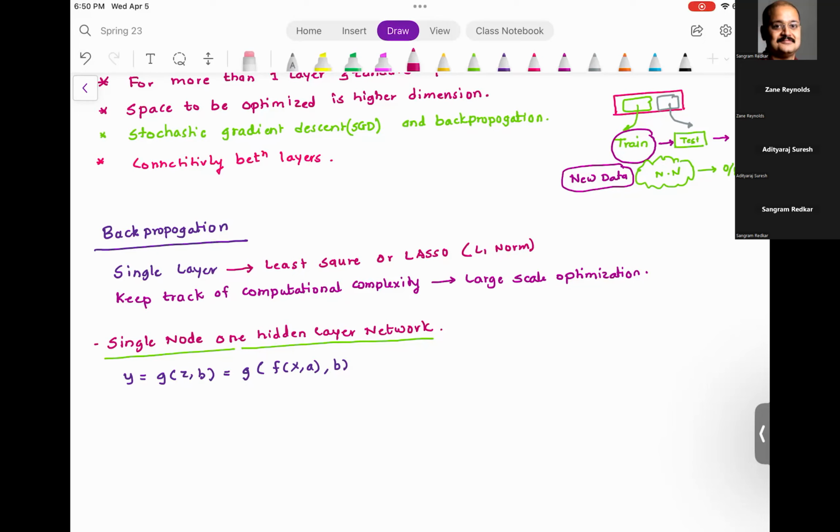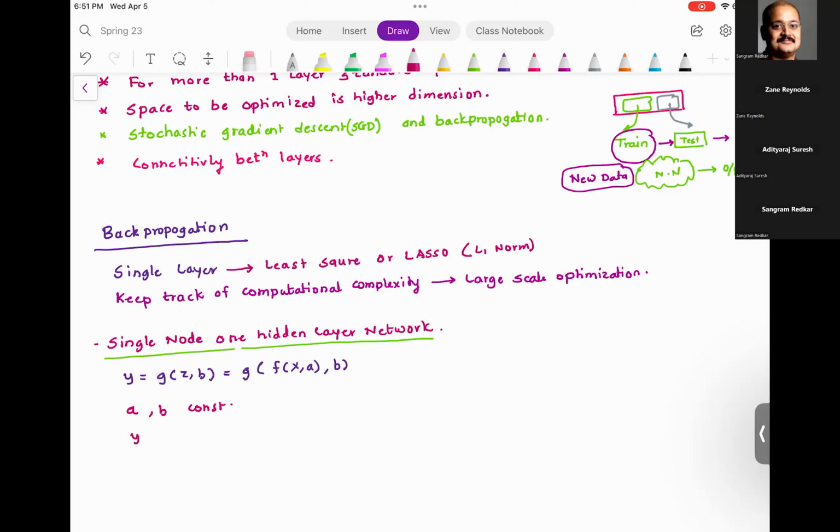Now A and B are the constants, and I want to find out the error.